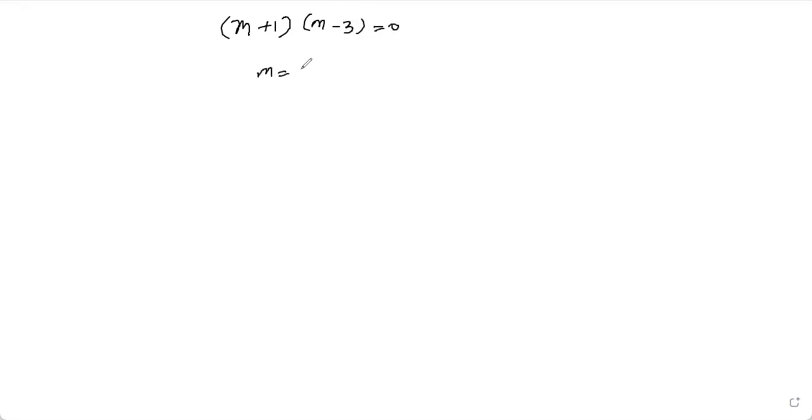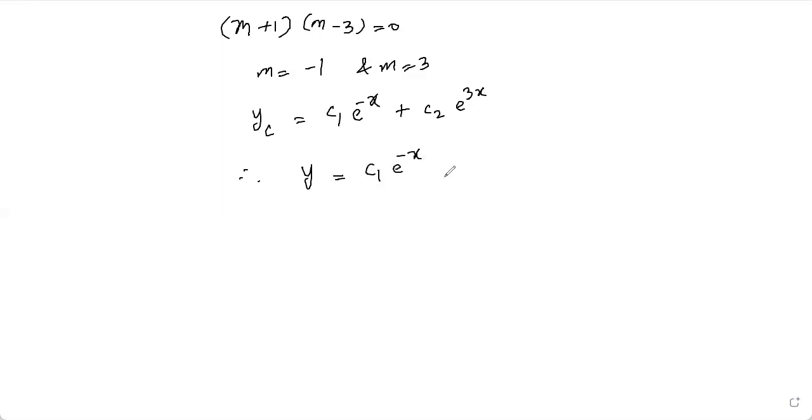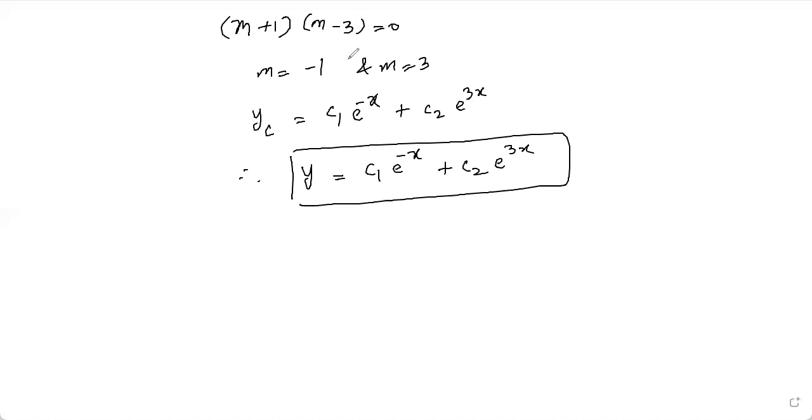So m is equal to minus 1 and m is equal to 3. Again, the roots are real and distinct. So yc will be c1 e to the power of minus x plus c2 e to the power of 3x. And that we can write as y is equal to c1 e to the power of minus x plus c2 e to the power of 3x. So this is the solution of the given differential equation.